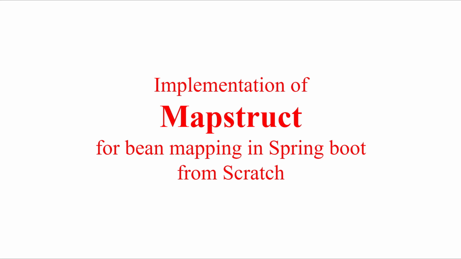So remember, whenever you implement MapStruct, do not forget to do Maven clean install and update to generate these mappers in the target folder. So let's get started and implement MapStruct from scratch in a Spring Boot project. We are going to use Spring Initializr to create a Spring Boot project now.